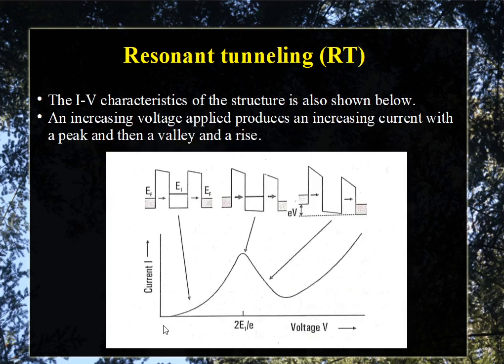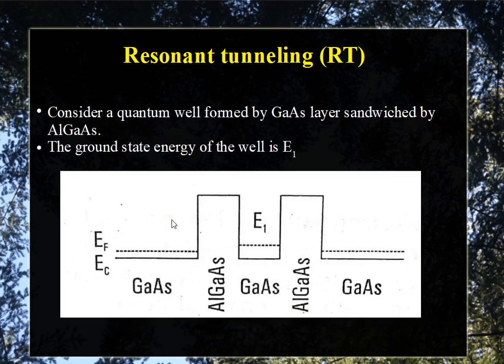When you apply an external electric field, what will happen? There will be energy band bending. Also there will be a tunneling effect. That means the electrons from here will move through the barrier. The movement of electrons is called the current.